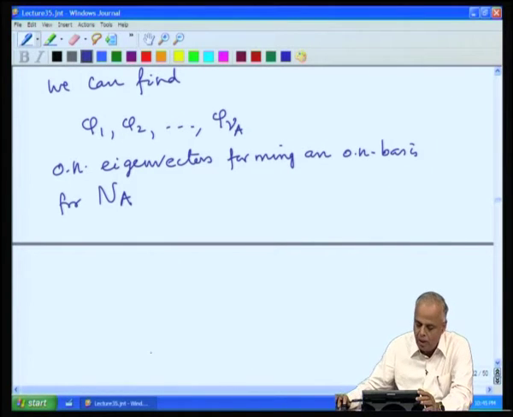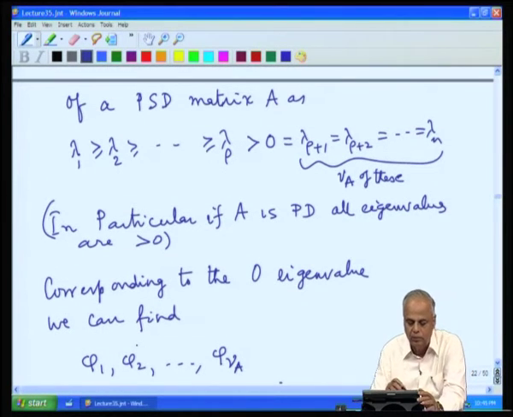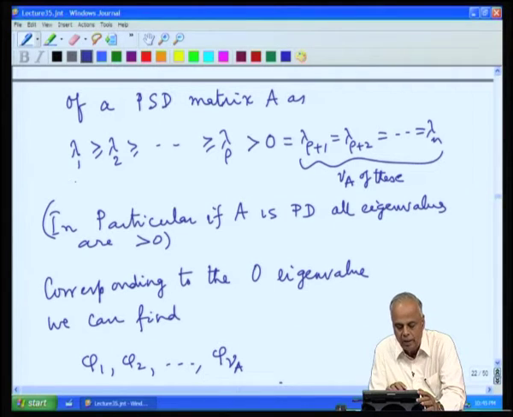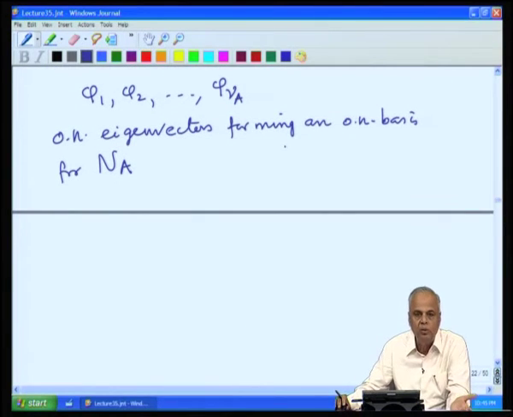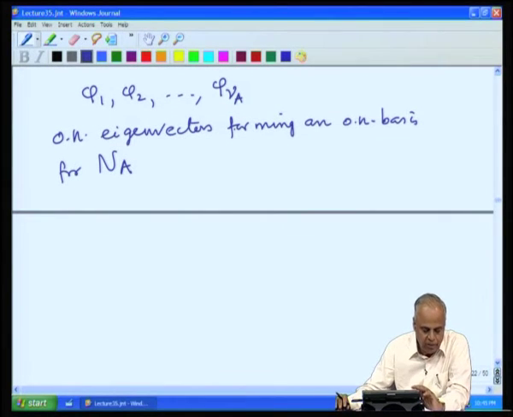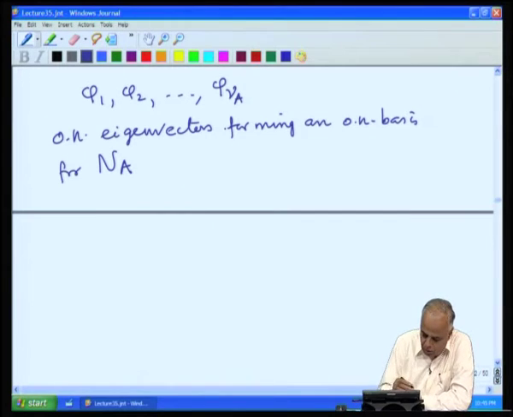Next, corresponding to these positive eigenvalues, we will get eigenvectors, say V 1, V 2, V 3, up to V rho, and they will be orthonormal, because we know that for Hermitian matrices we can always get orthonormal eigenvectors.